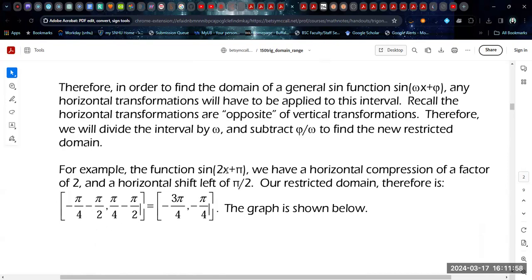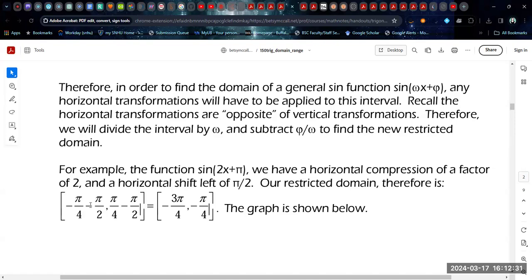So if I'm doing sine of 2x plus pi, I have a horizontal compression factor. That's going to shrink the range from negative pi over 2 to pi over 2 to negative pi over 4 to positive pi over 4. And then I'm going to shift it by a leftward shift of pi over 2 because I have to factor this 2 out. Remember, this is 2 times x plus pi over 2, which is my horizontal shift.